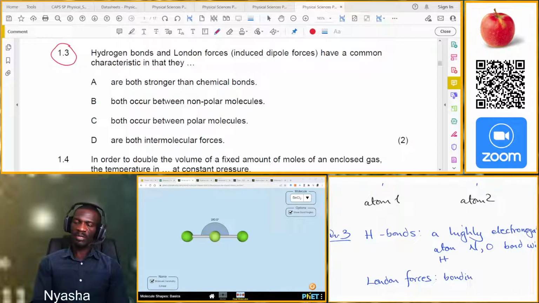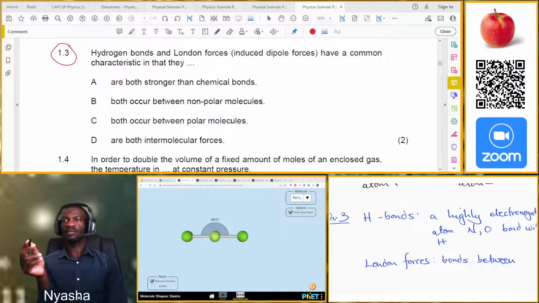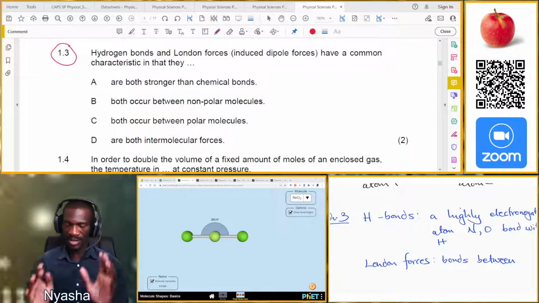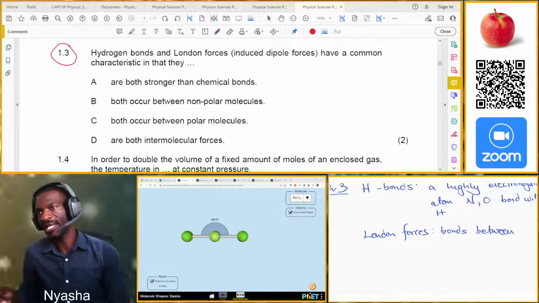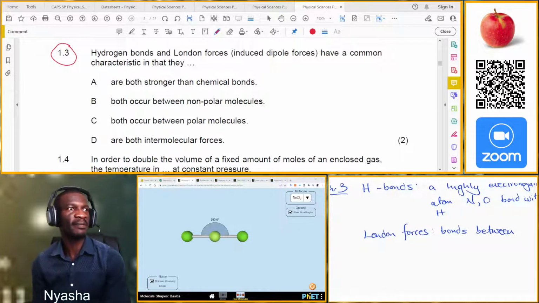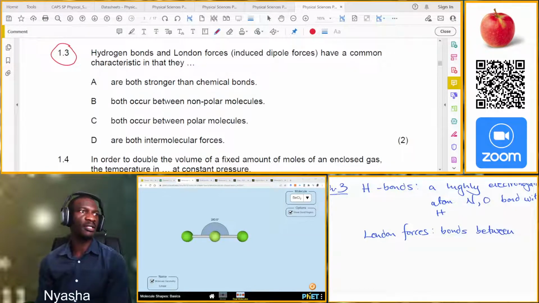So these are bonds between, this is what? This is induced dipole. Okay, so let's maybe just list the types of participants, and the particular bonds that can be formed between the participants.